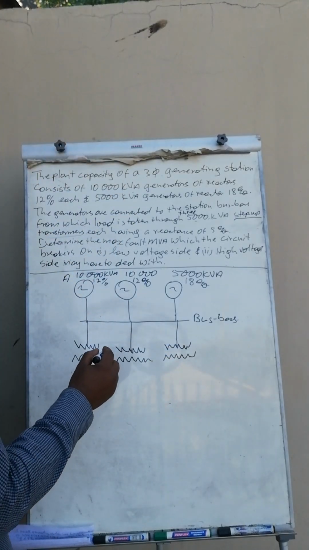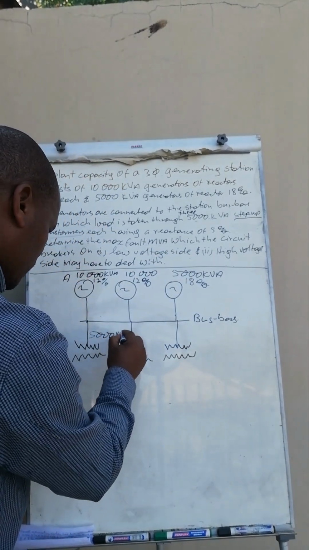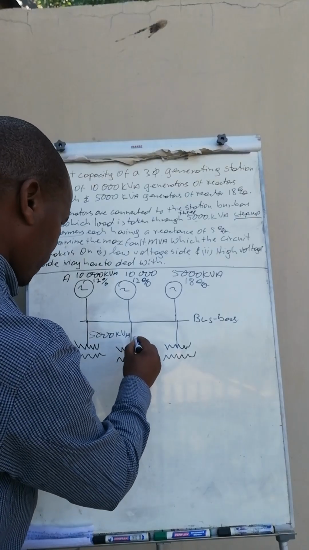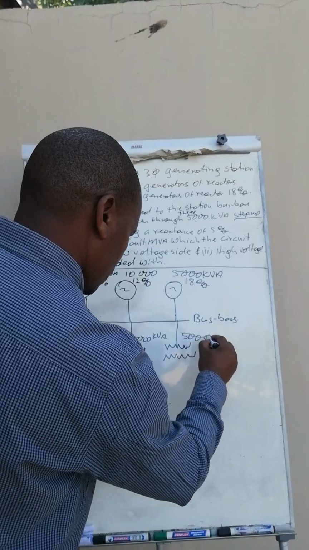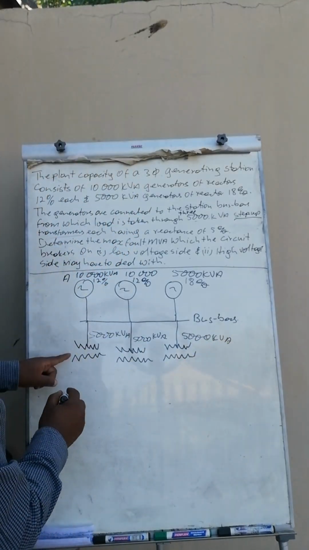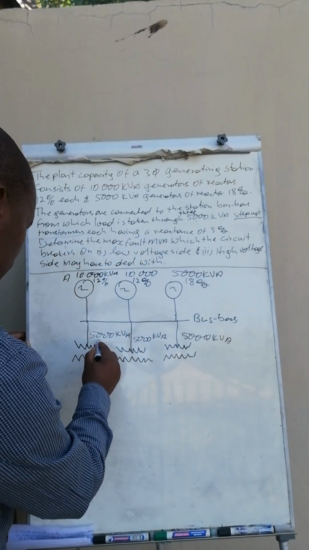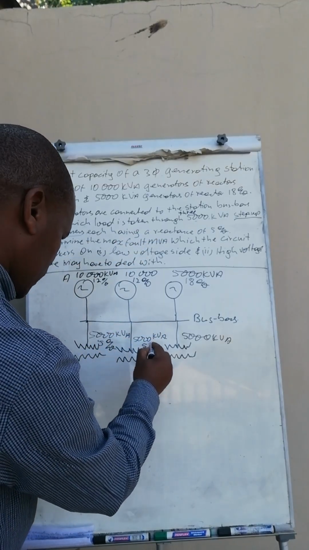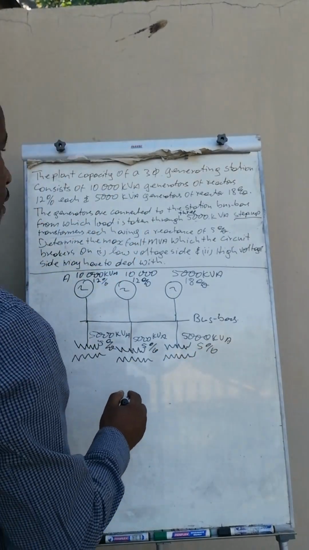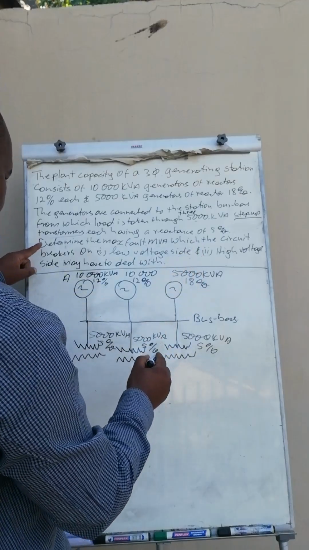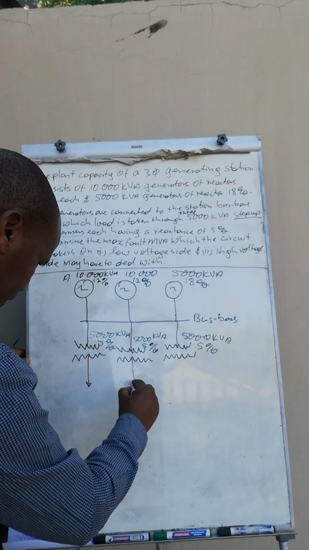And each transformer is 5,000 kVA, and each one has 5% reactance. And then what? Determine the maximum, okay, this thing it has to go through something like this.